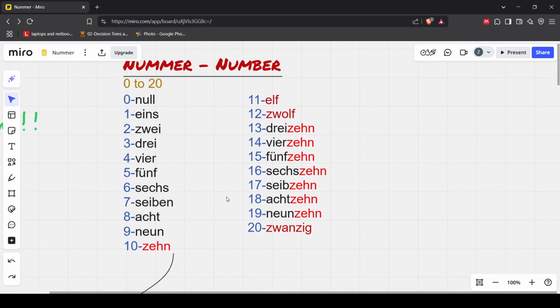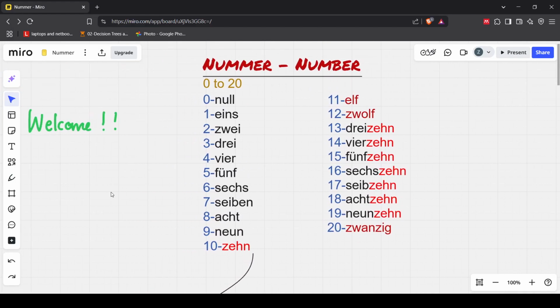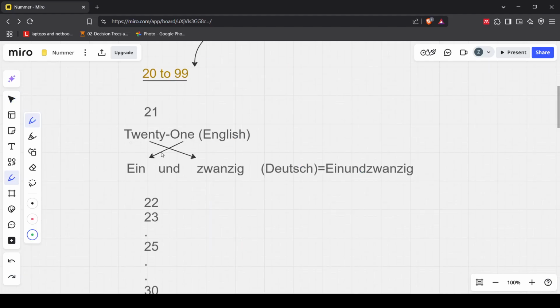And yeah, coming to 20, I think 20 also you have to remember because zwanzig is a kind of twisted from the word zwei. Coming to the remaining two-digit numbers, there are also small changes compared to English. 21 in English is twenty-one, but in German it becomes one and twenty.